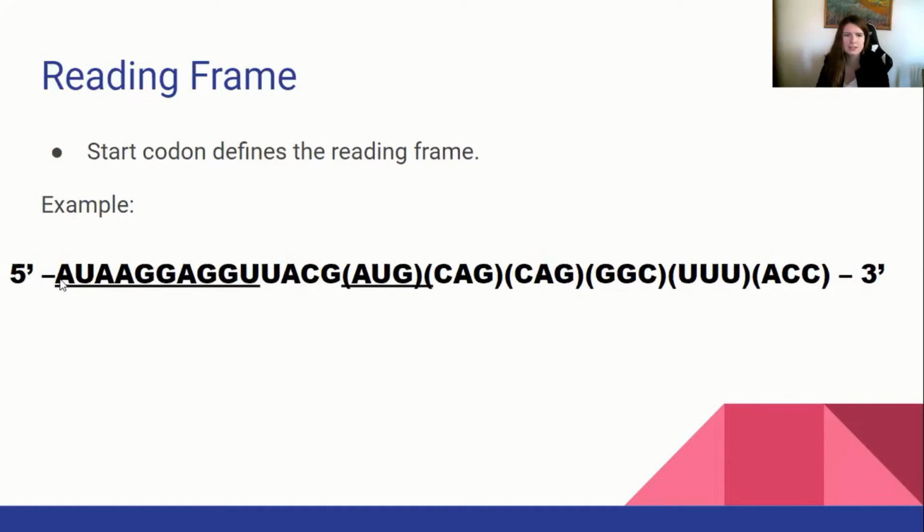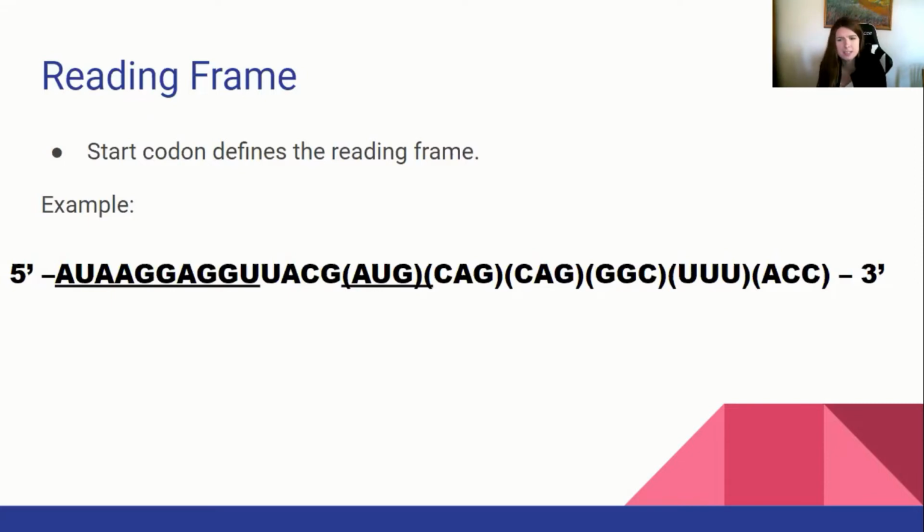So if we have the strand AU, AA, GG, AGG, etc., we're skimming this until we find our start codon AUG. So we don't see A, U, and G in that order until we get to this part right here. Okay. Now we see AUG. So this is actually when we're going to start grouping our letters in sets of 3.